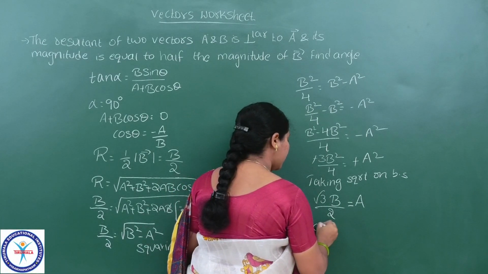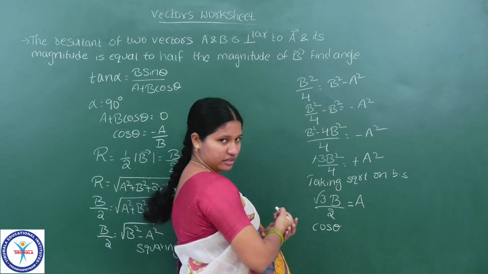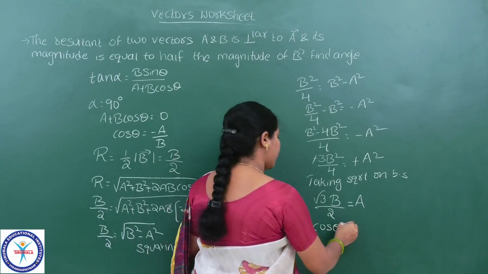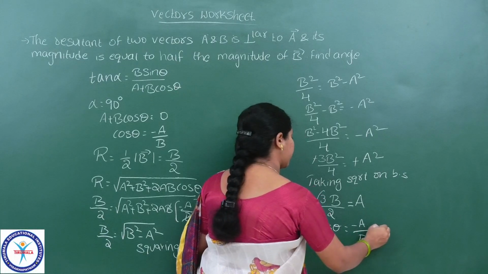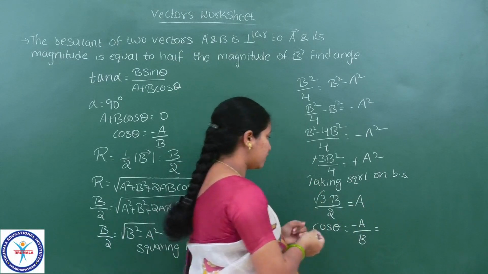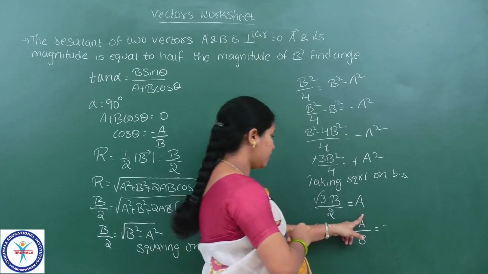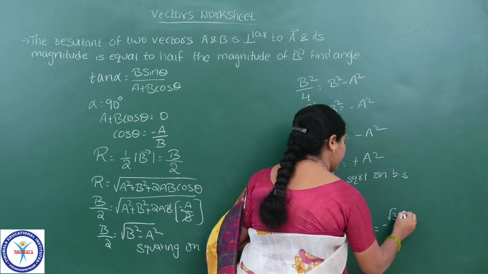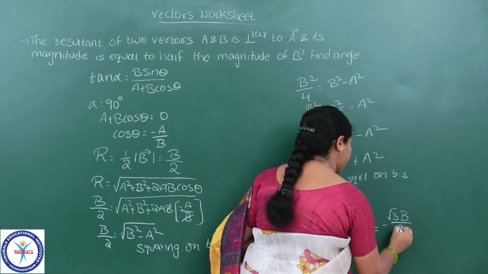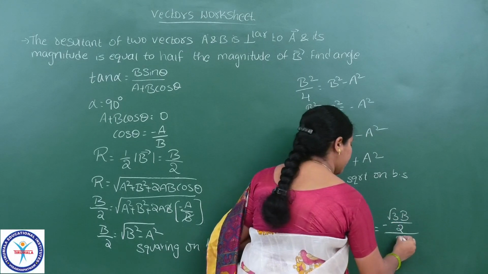So, on substituting the values in cos theta is equal to minus a by b. So, minus a value is root 3 b by 2 whole divided by b.